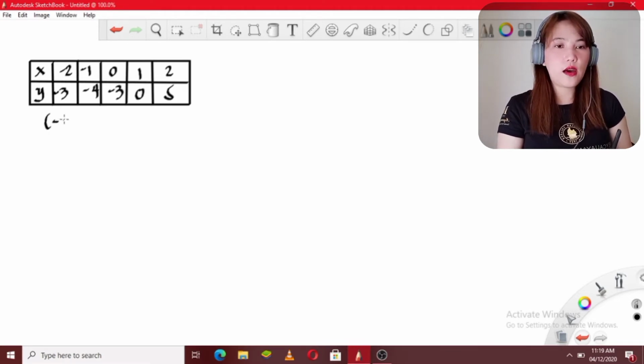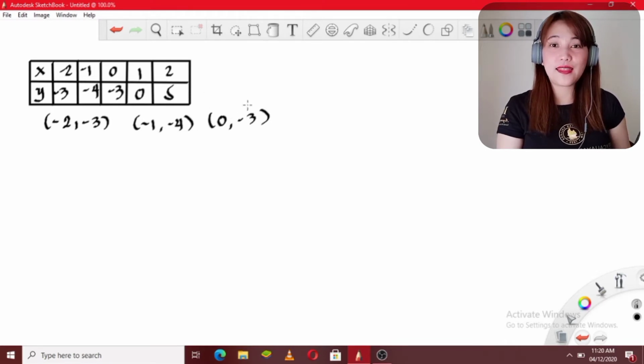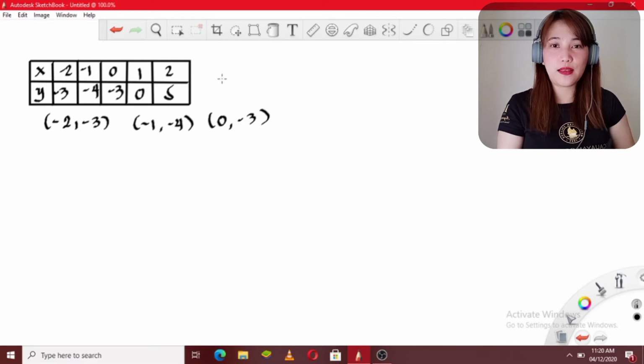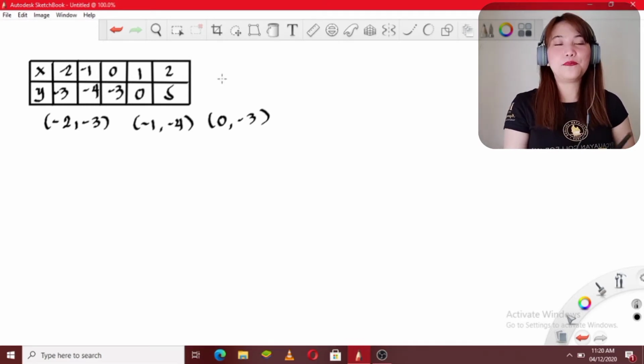So, we have negative 2, negative 3, negative 1, negative 4, and yung pangatlo, 0, negative 3. So, ito yung 3 points na napili ko. So, bahala kayo kung anong gusto nyong piliin na points, okay? That's okay. Tatlo ang kukunin natin.